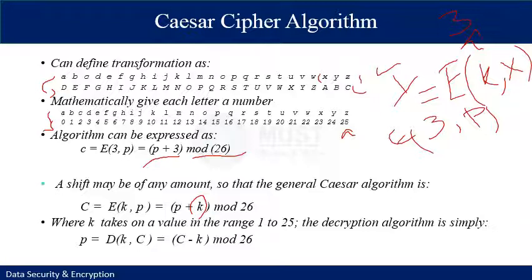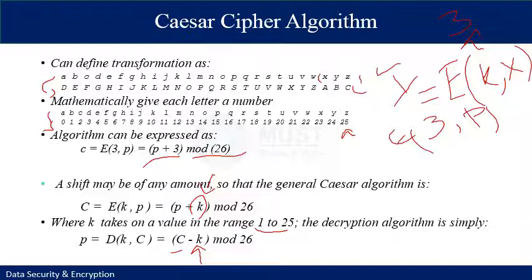So where k takes on a value in the range from 1 to 25, the decryption algorithm is simply the opposite of the encryption algorithm. For example, we added the 3 or k key to the plaintext, so we can subtract the k key from the ciphertext.